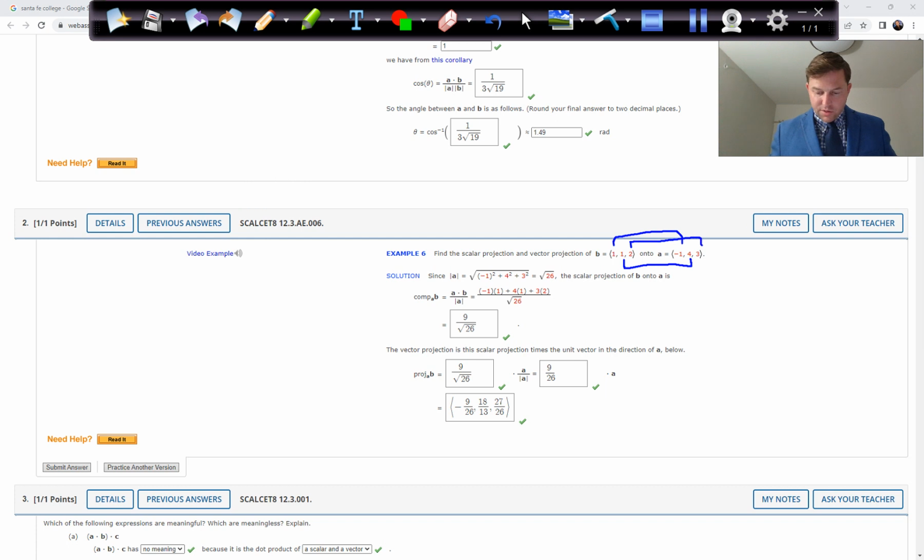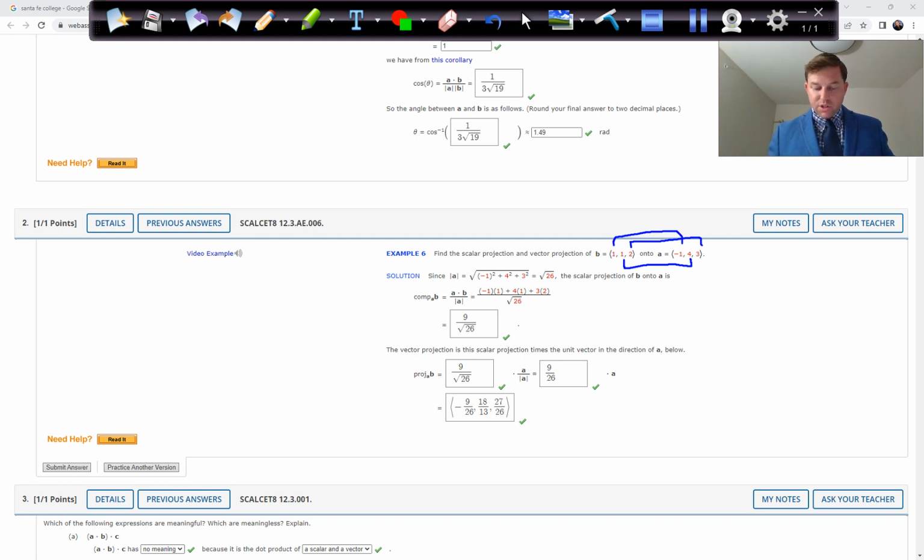And then 2 times 3 is 6, so we have 9. So this whole dot product is just 9, and then the magnitude of A, they just took minus 1 squared, 4 squared, 3 squared, add them up, and they got square root of 26. So that's the scalar projection. Scalar is just a number. 9 divided by root 26 is some decimal value if you wanted to get it.